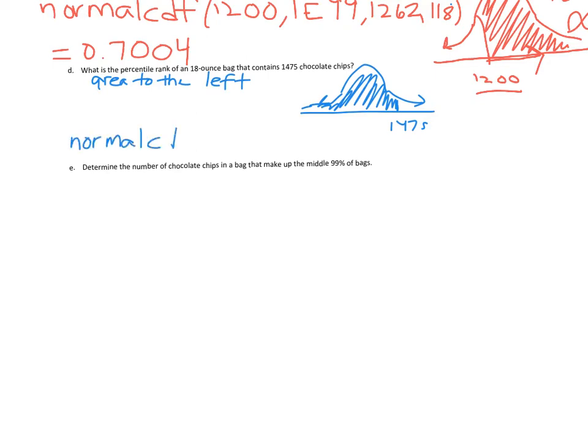So normal CDF is area under a normal curve. We're starting at negative infinity. Negative infinity would always be a lower bound. Positive infinity would always be an upper bound, if you like to make those types of distinctions. Upper bound is 1,475.